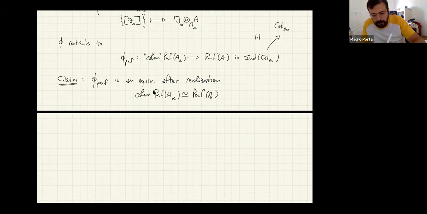Okay, so this is what is called the Noetherian approximation.